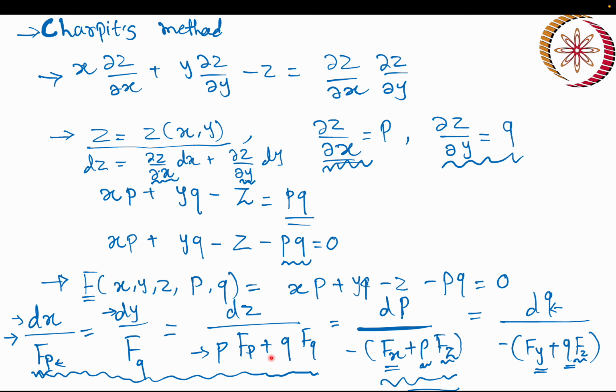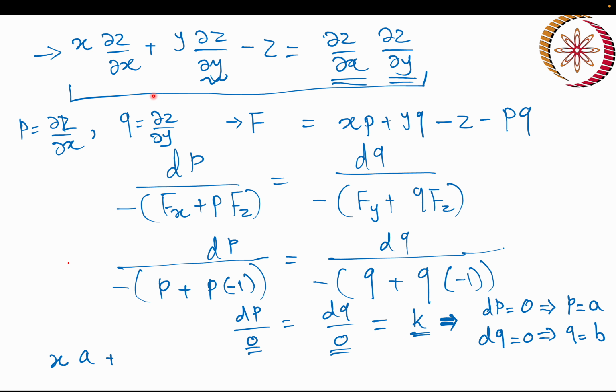So this is the equation, where we substitute p for dou z by dou x, and q for dou z by dou y. So f is equal to xp, the first term, then yq minus z, and then the RHS we have taken on the left side, which is minus pq.